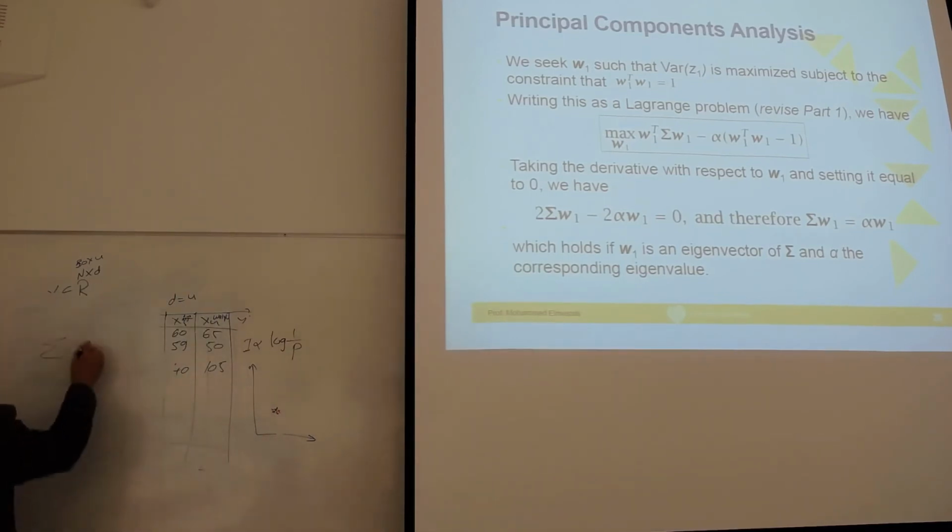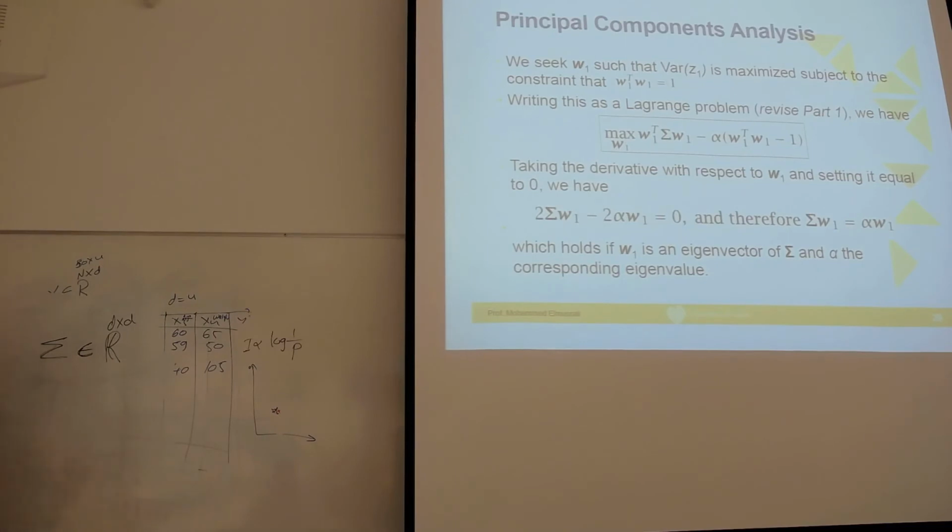You can compute Z, for example, in Octave by using the covariance of x, which gives you the covariance matrix, d by d.